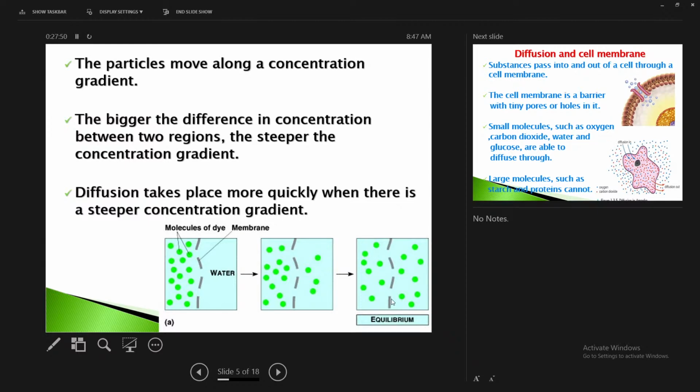No diffusion is taking place because there's no difference: we have 8 on the left side and 8 on the right side. That means the particles are evenly distributed within this entire box. So no diffusion will take place, because once there's equilibrium, or equality, you're not going to find the process of diffusion taking place.